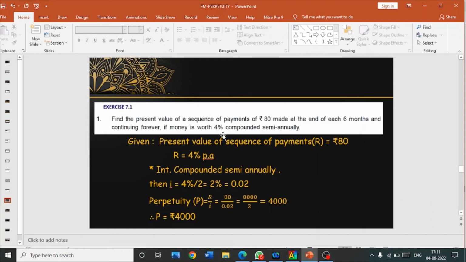When you divide it by 2, you will be getting 0.02. That is I. So 80 divided by 0.02, multiply the numerator as well as the denominator by 100 to remove the decimal in the denominator. So 8,000 divided by 2, you are getting 4,000. So the present value of the perpetuity is 4,000.